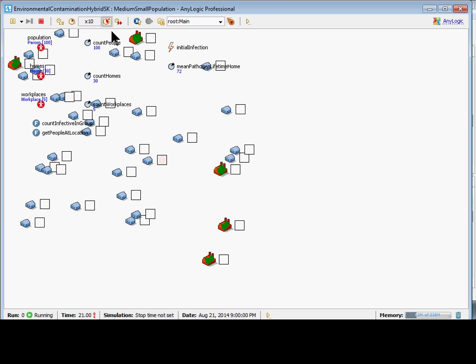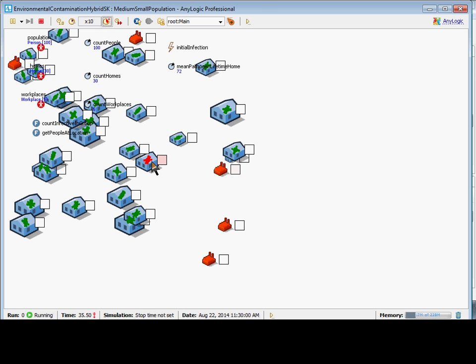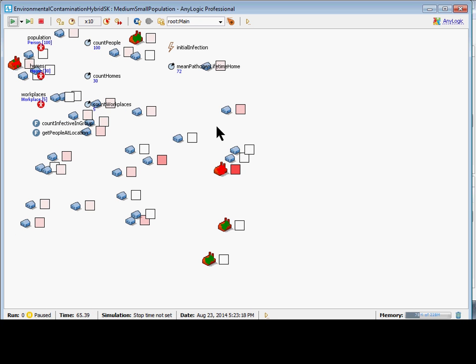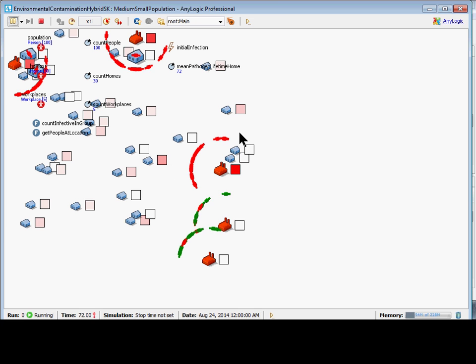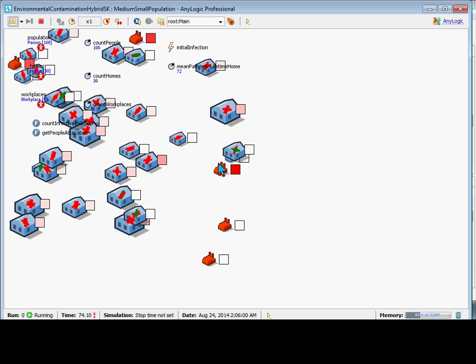Ladies and gentlemen, I'll slow it down. But you can see that there are these pathogen reservoirs, and each of these squares is colored according to the pathogen level at that location. Yeah, the house. And as that pathogen builds up, the person's chance of becoming infected who's at that location becomes higher.